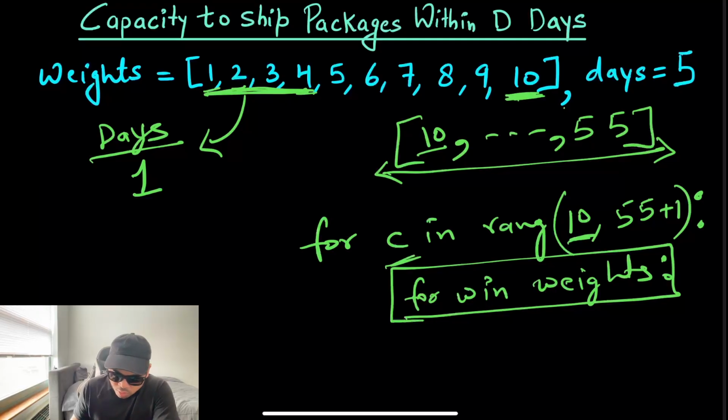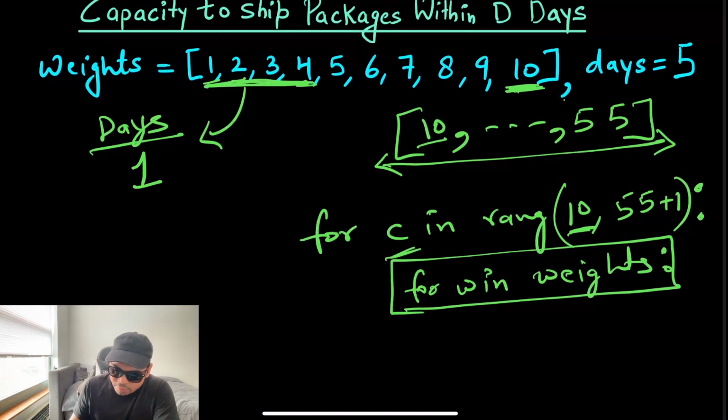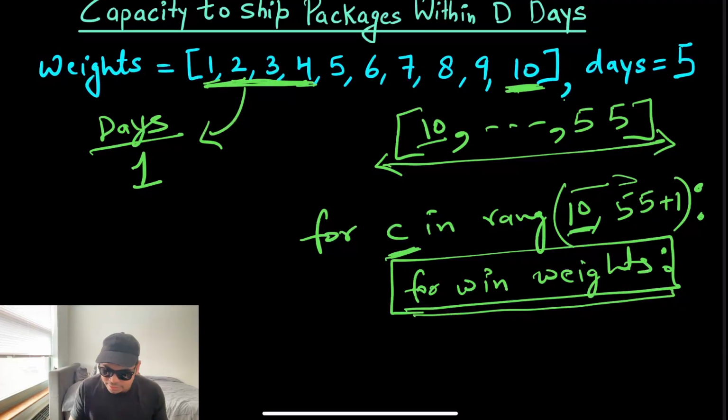But I'll know because I'm going from lower to upper bound. If I find a capacity, let's say in this case I was able to process this day 1, then I'll start over here.